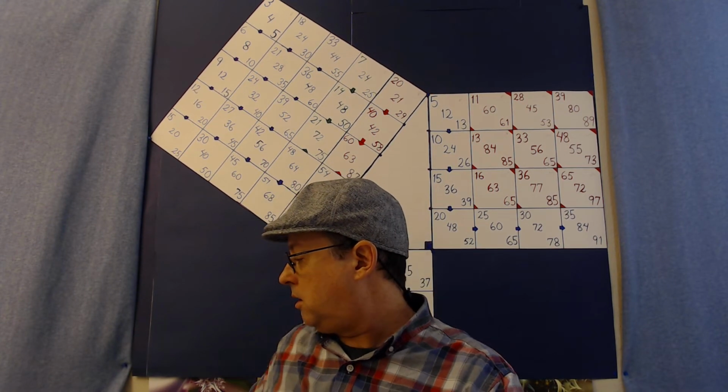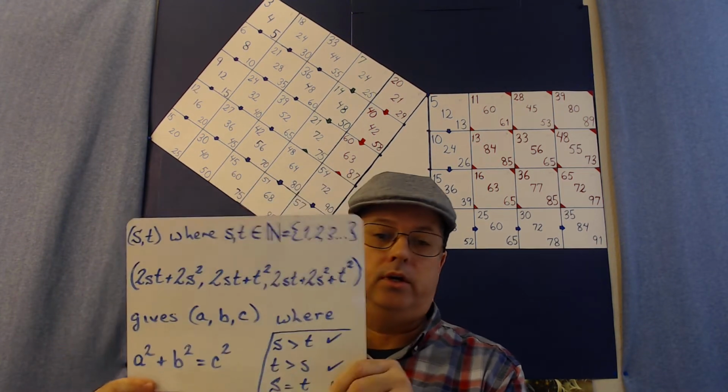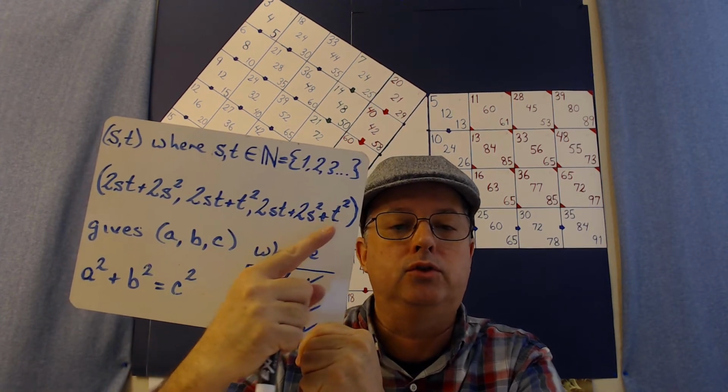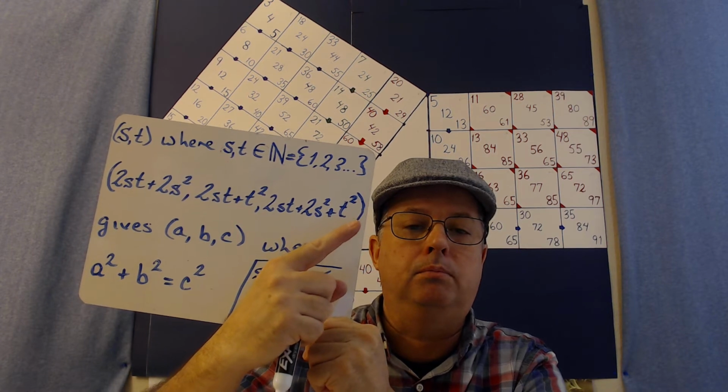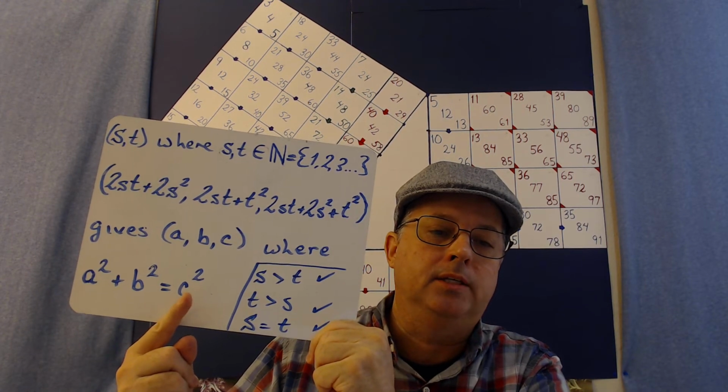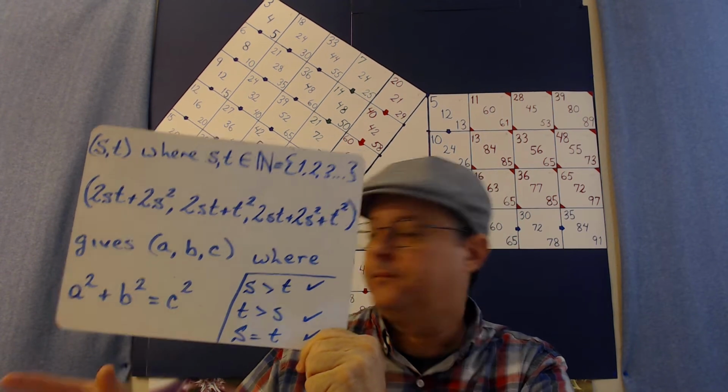Okay, so when we take a look at our expression here, this is the c expression, 2st plus 2s squared plus t squared. And we're going to put that in place of c and square it. So let's write that down.